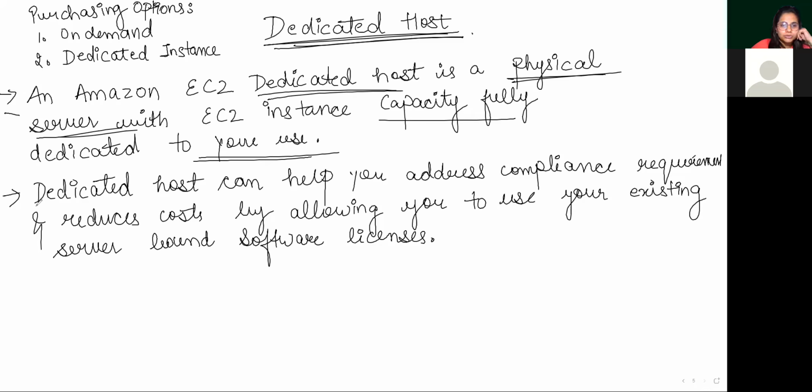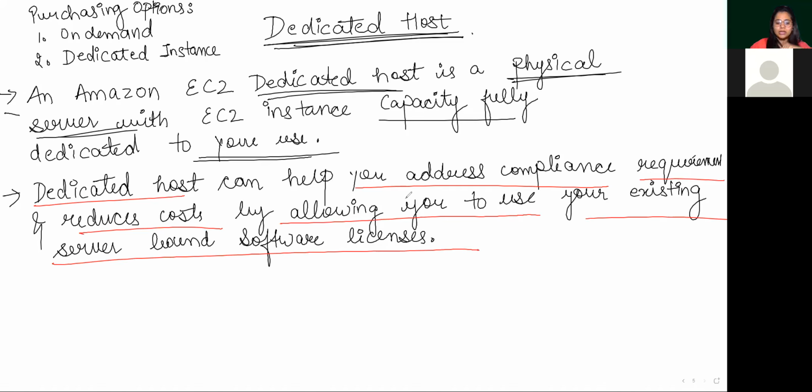Dedicated host can help you to address compliance requirements and reduce cost by allowing you to use your existing server-bound software license. Now what happens, say you want to install MySQL inside your server, in your EC2 instance, but it requires a license, and for buying the license you have to pay some money.